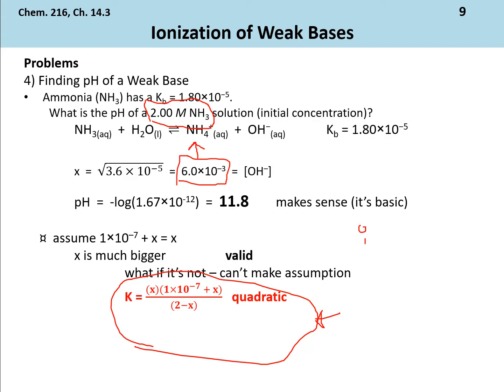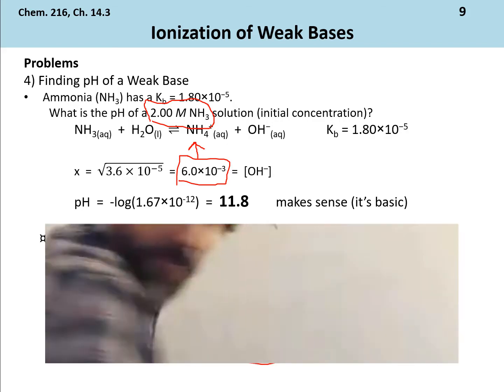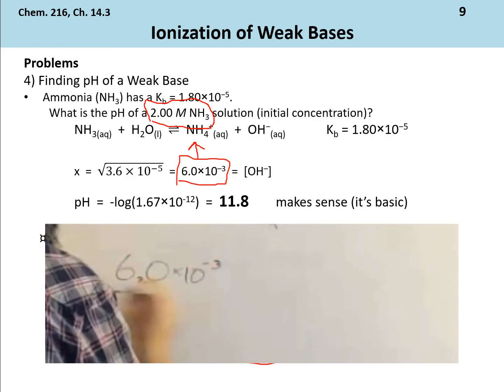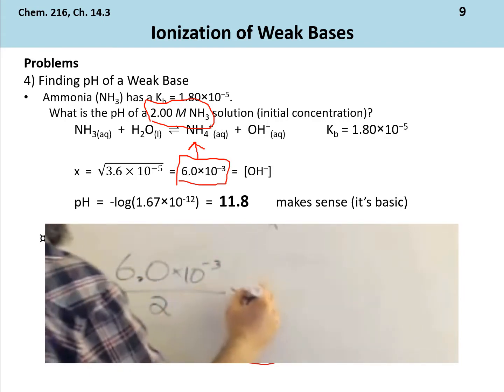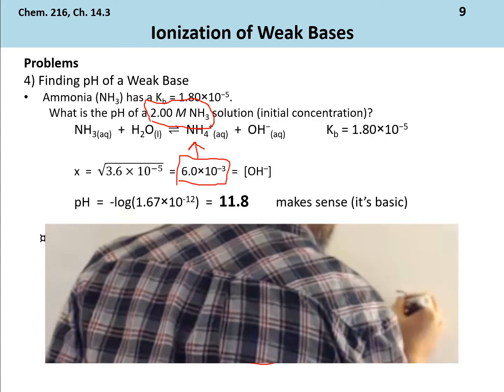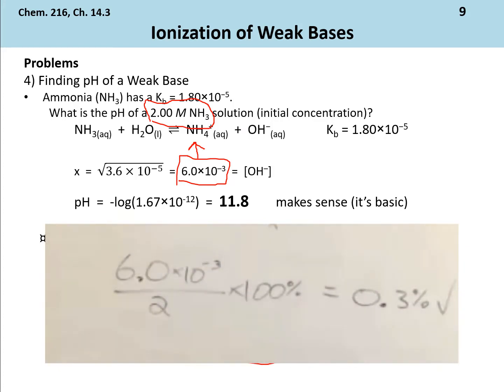So my percent ionization would be, let's do it on the board, 6.0 times 10 to the minus 3 over my initial times 100%. Okay. It's always over what I initially had. And that's going to get me 0.3%. Okay. So it would be good. Right? Or that means it'd be a weak base.